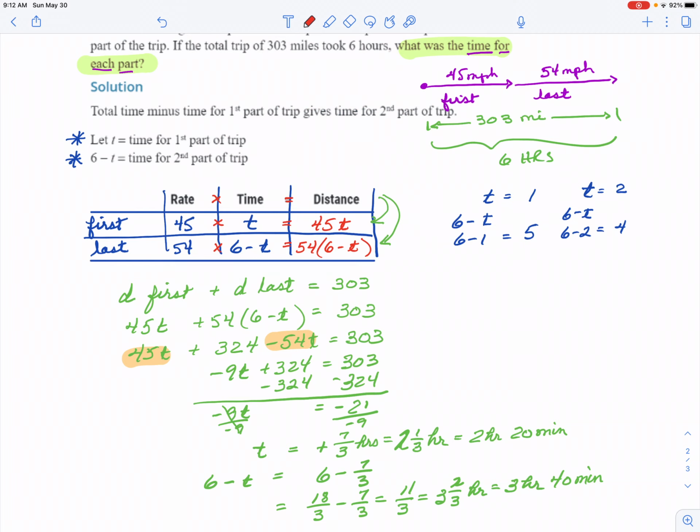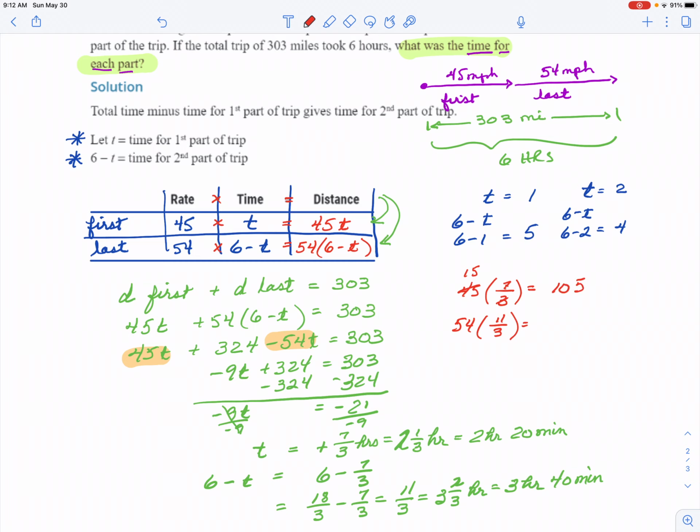you could do 45 times t, which was 7/3, and you could do 54 times 11/3. All right, so 3 into 45 is 15, and 7 times 15, I think, is 105.